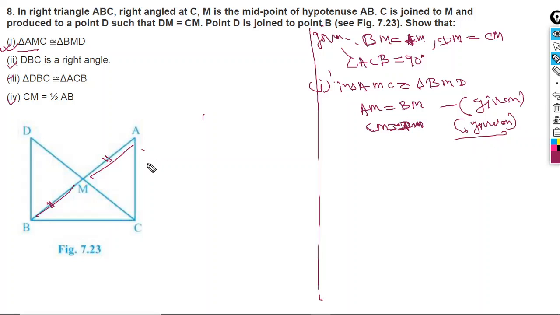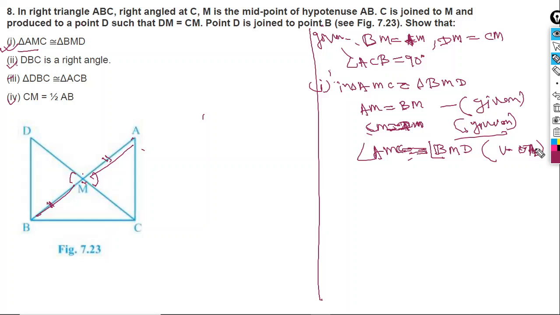Then what do we have? You can see these two angles are equal, and what type of angles are they? Vertically opposite angles, angle AMC and angle BMD. Angle AMC equals angle BMD. Why? Vertically opposite angles.